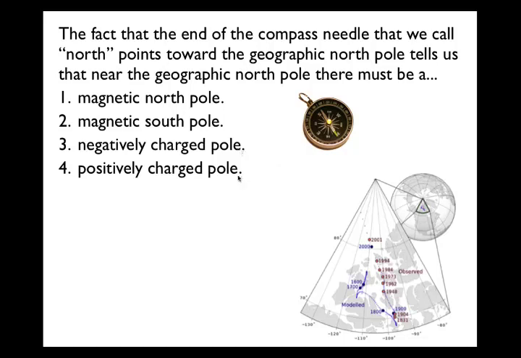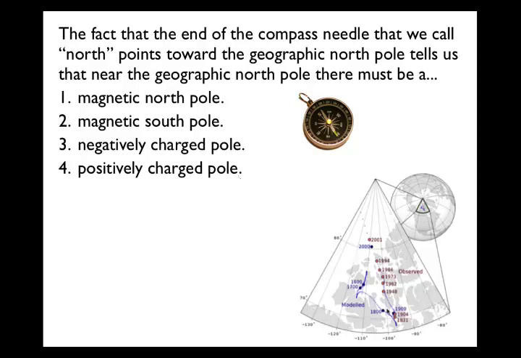We saw in tutorial as well that when you bring a bar magnet near a pith ball, which is attracted to charged objects, the pith ball was not attracted to the magnet, and this indicates to us that there's no net charge buildup at the poles of any sort of magnetic material, including a bar magnet or the Earth, which is acting like a giant magnet.